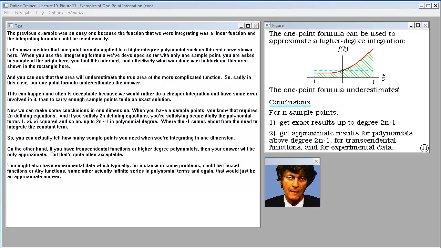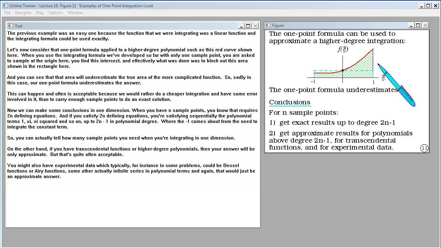The previous example was an easy one because the function that we were integrating was a linear function, and the integrating formula could be used exactly. Let's now consider that one-point formula applied to a higher degree polynomial, such as this red curve shown here. When you use the integrating formula we've developed so far with only one sample point, you are asked to sample at the origin here.